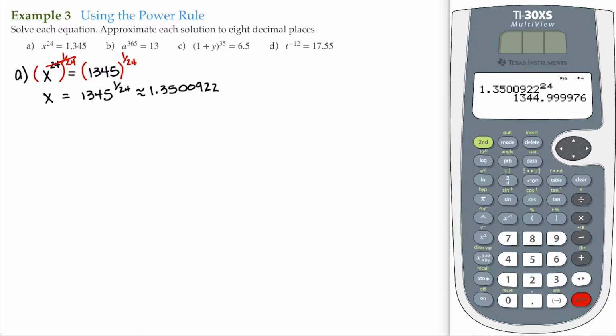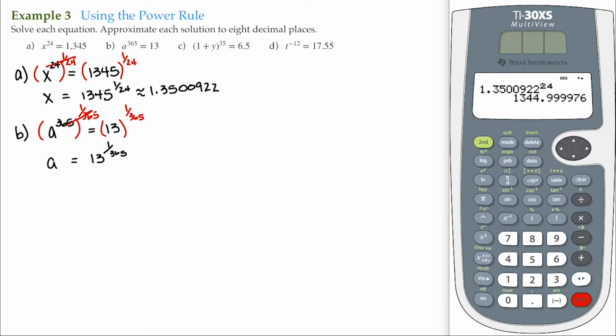So we'll try letter B. We have a to the 365th power, and that's equal to 13. Again, using the power rule for exponents and some algebra, I'm going to raise this to the 1 over 365th power, and do the same on this side. These will cancel. That's going to leave me with a is equal to 13 raised to the 1 over 365th power.